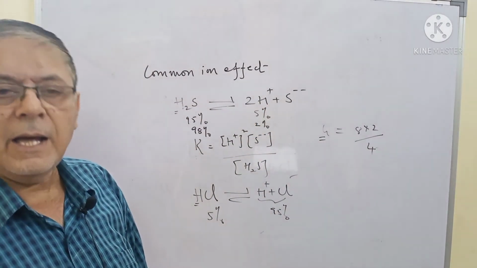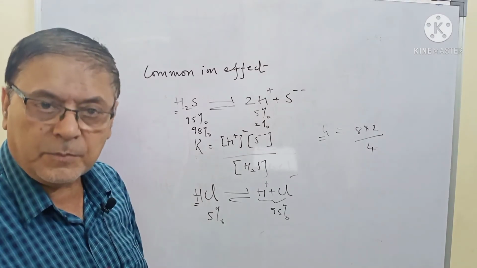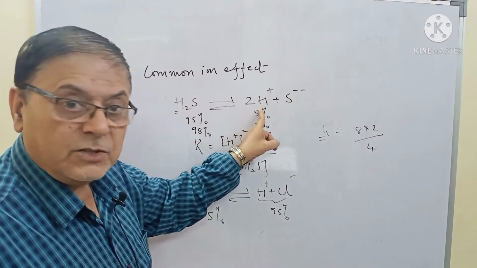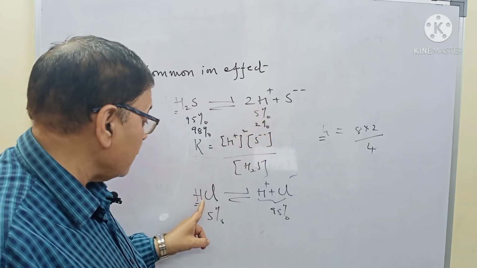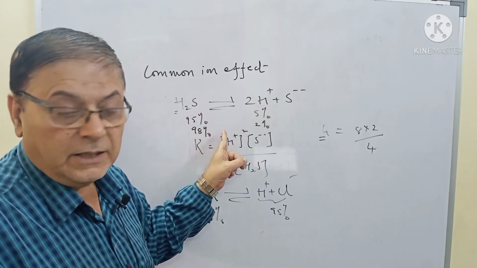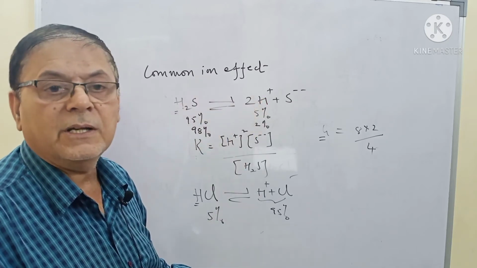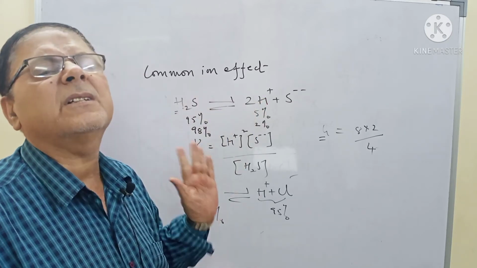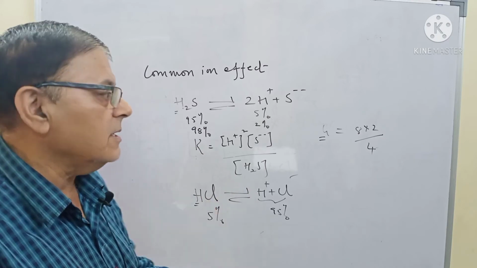This effect is called common ion effect. Again I repeat, if to a weak electrolyte a strong electrolyte containing the common ion is added, then the dissociation of that weak electrolyte is further suppressed. This effect is called common ion effect.